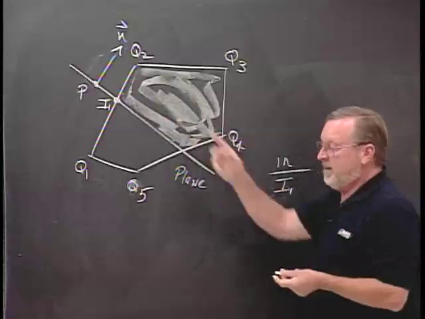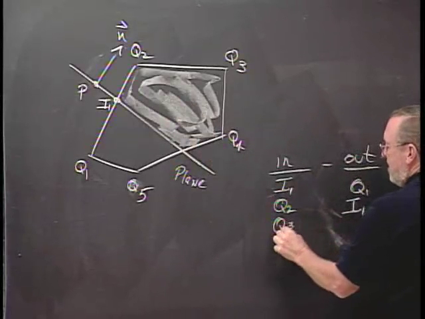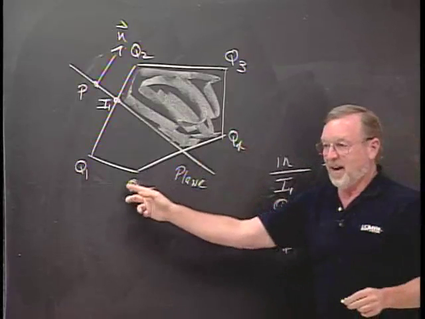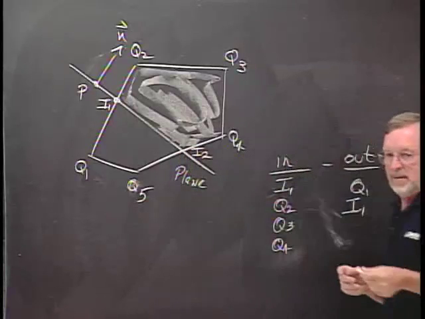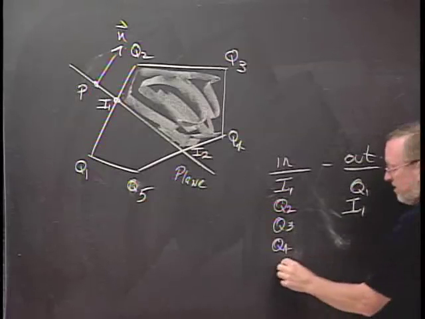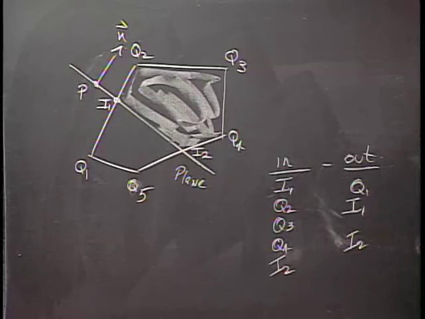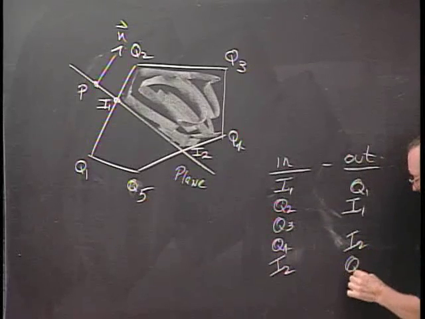Now Q2 is in, Q3 is in, Q4 is in, right? Q5 is out, right? So I calculate this point, I2, okay? And I put it on both lists, right? And now Q5 is out, like this.